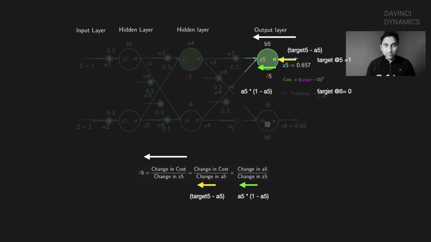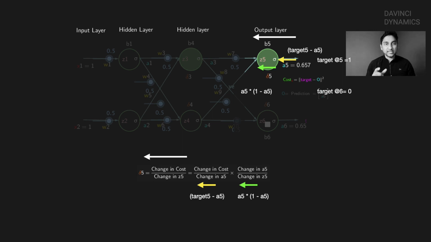The first part, change in cost with respect to A5, is simply the difference between our target output and the actual output from the network for node Z5. The second part, change in A5 with respect to Z5, is the derivative of the activation function at Z5.